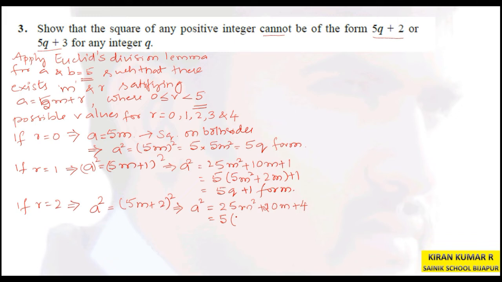I get 5 times 5m square plus 4m, then added to 4, like 5q plus 4 form.